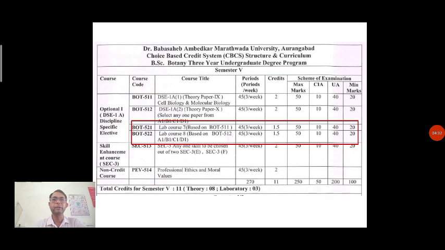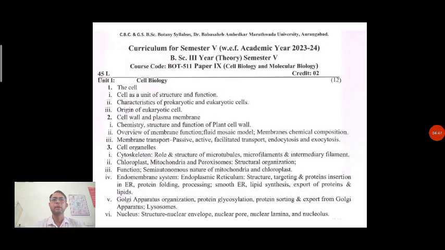Now I am dealing with cell biology and molecular biology, that is paper number IX or 9, and the number of this paper is BOT 511. Now moving to the syllabus of this subject, cell biology and molecular biology, known as 511, it has different units, that is unit number 1, unit number 2 and unit number 3.